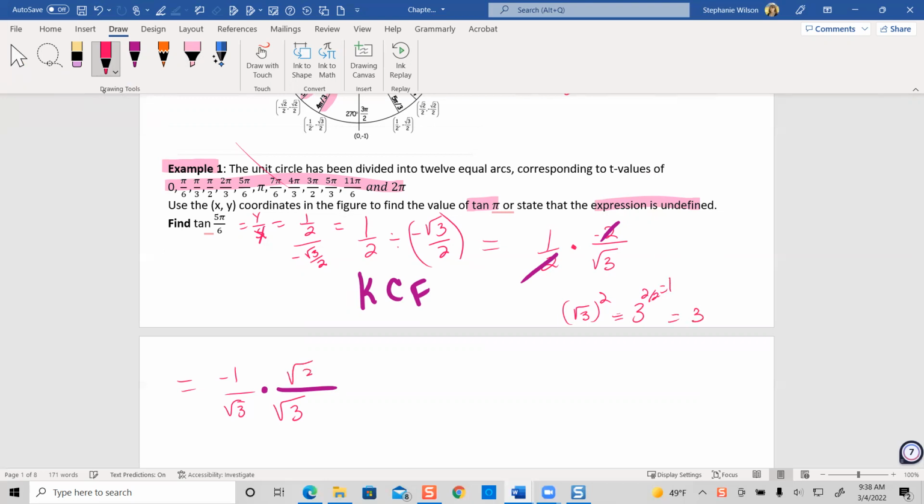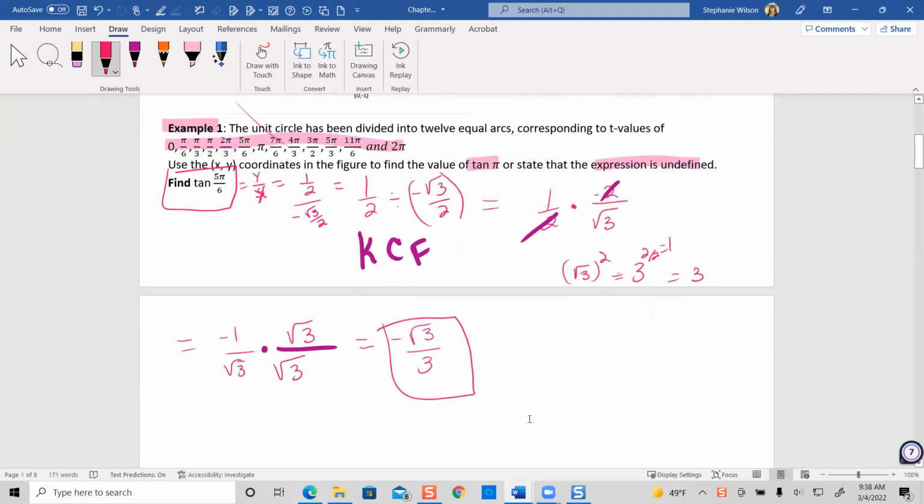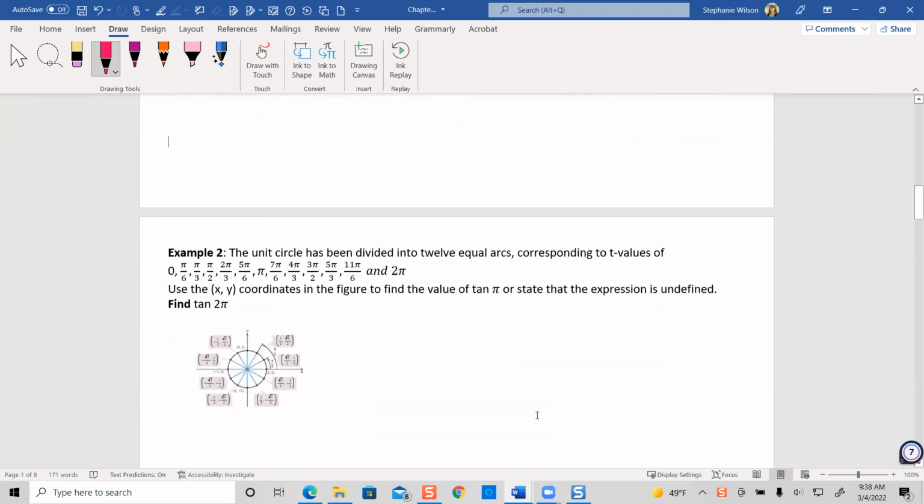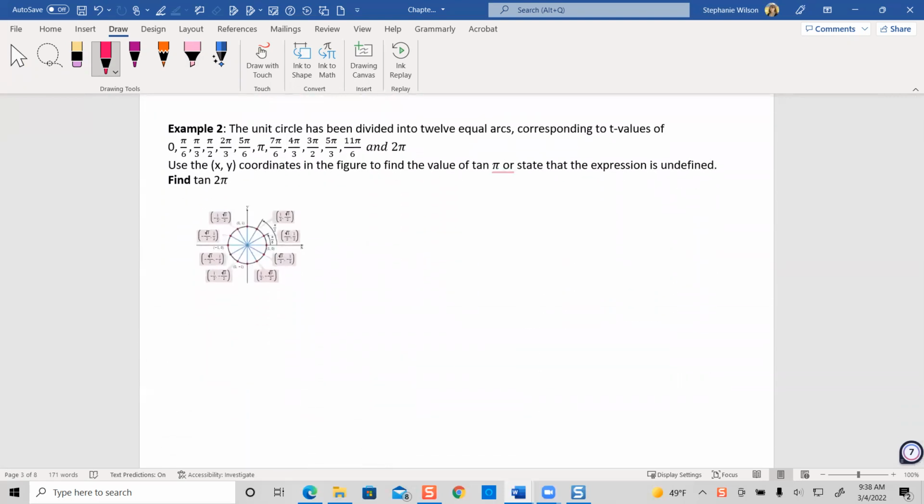So whatever we do to the bottom, we have to do the top. Now I got -1 times the square root of 3 over 3. So my answer to tangent of 5 pi over 6 in exact form is a negative square root of 3 over 3. Okay.